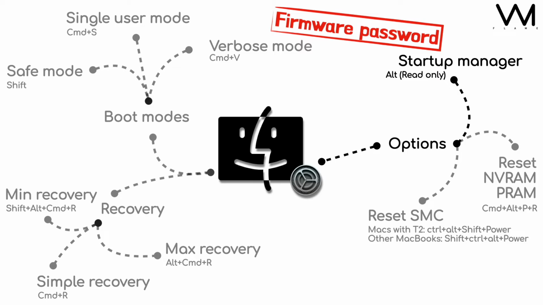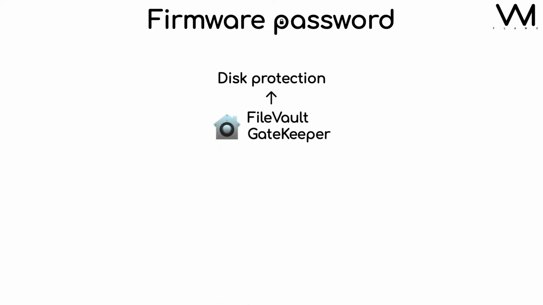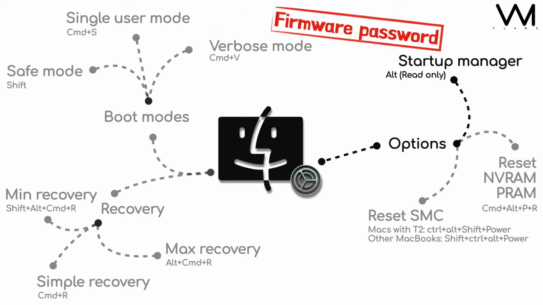Only in read-only mode. But Firmware Password is also a great thing. It's not yet so scary to think. It makes all the disk protection. Actually, this is what Firewall and Gatekeeper do. That's why Firmware Password is great, but if you have forgotten the Firmware Password, you cannot do anything, except viewing all the available drives.